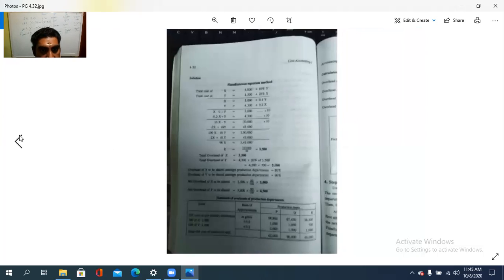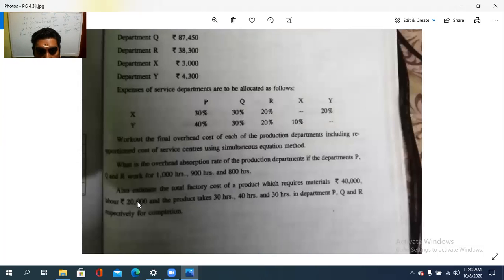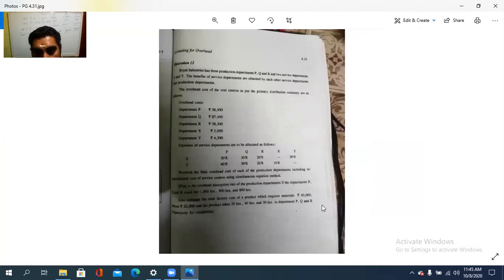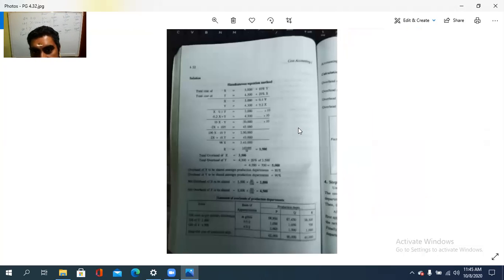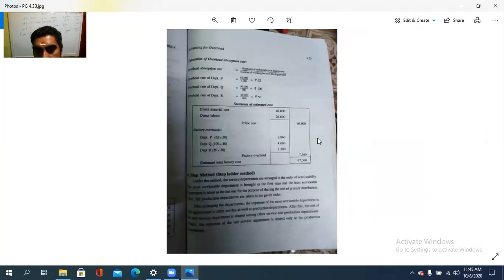Here it is giving an additional thing: also estimate the total factory cost of a product that requires materials and labor. That too is the prime cost, and then 30 hours for P, 40 for Q, and again 30 for R. That is to be multiplied with the overhead rate, so that we get the estimated total factory cost.